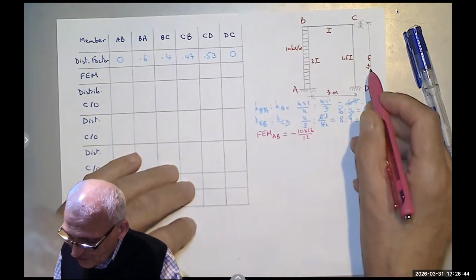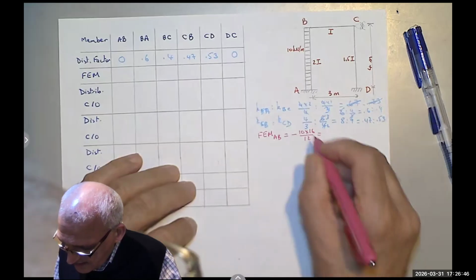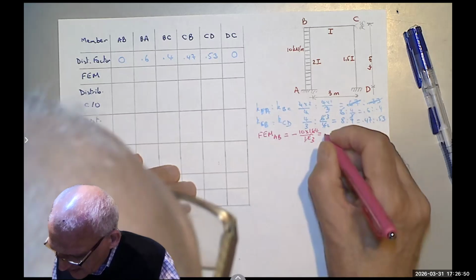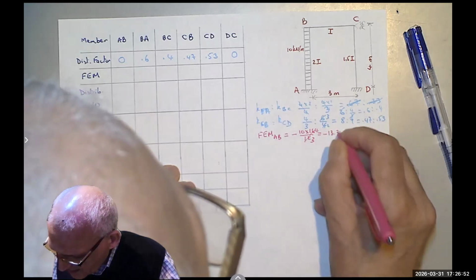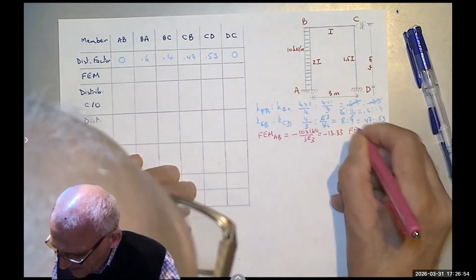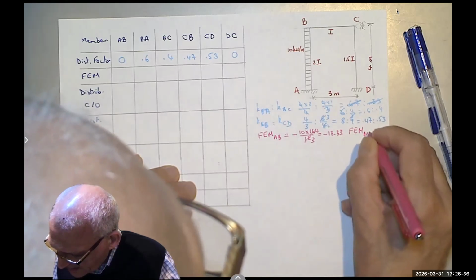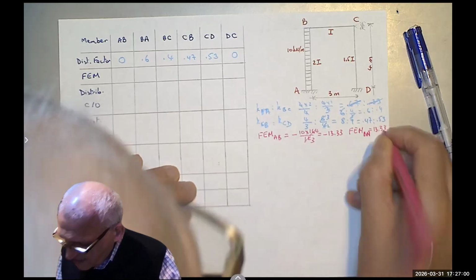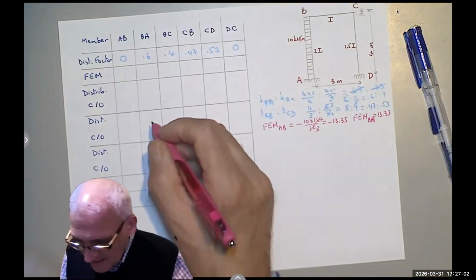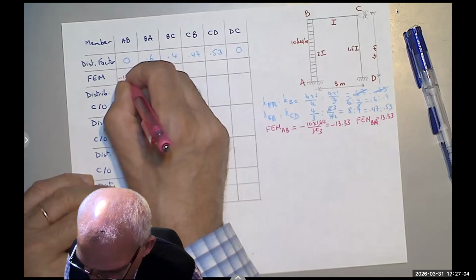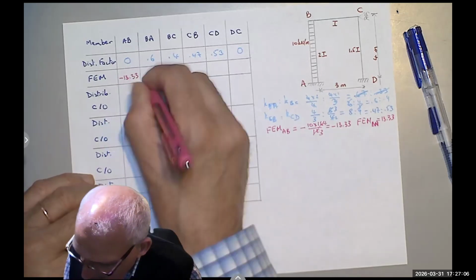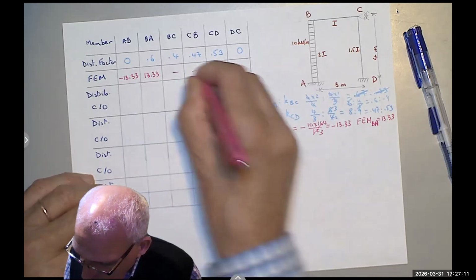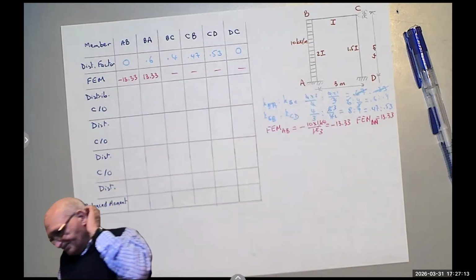L is 4, so again, here you get 3 and 4. 40 over 3 is negative 13.33. And FEM BA would be positive 13.33 kilonewton meter. So this is negative 13.33, and that's positive 13.33, and there are no other moments there.